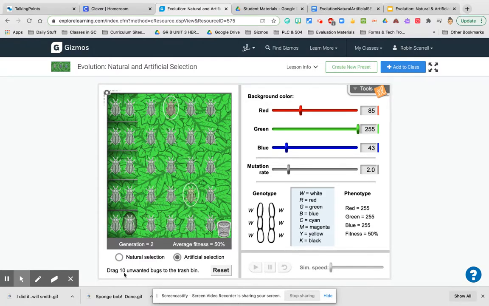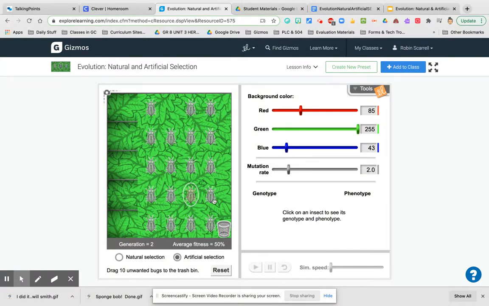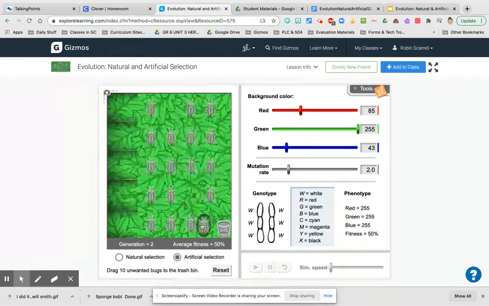Okay, so now drag 10 unwanted bugs. Remember, the ones that are circled are the ones that are mutated. So let's see if any of them are blue. Nope. And nope. So I'm going to get rid of these 2. I don't know that it matters because they don't blend the colors, but I would rather start with ones that are all white.